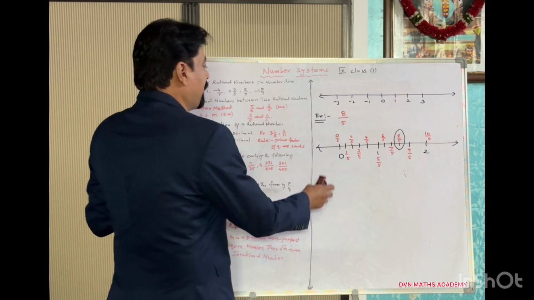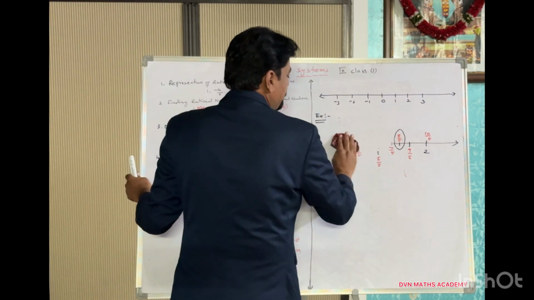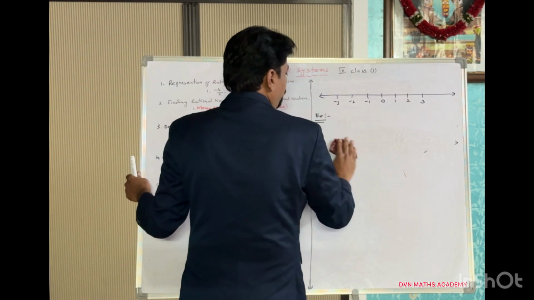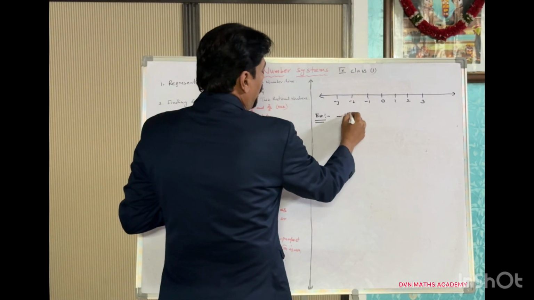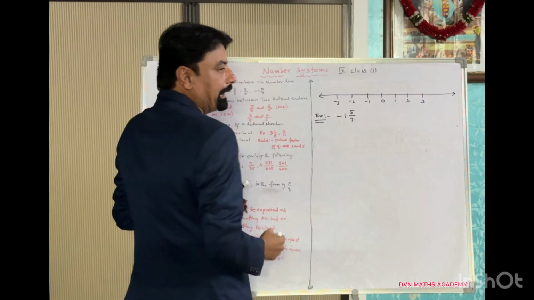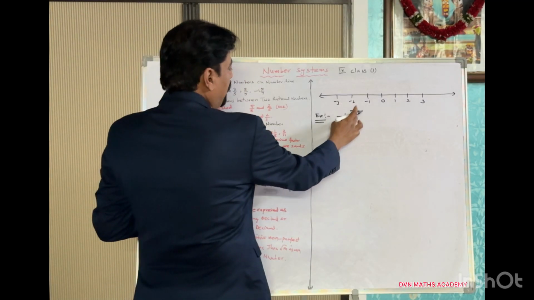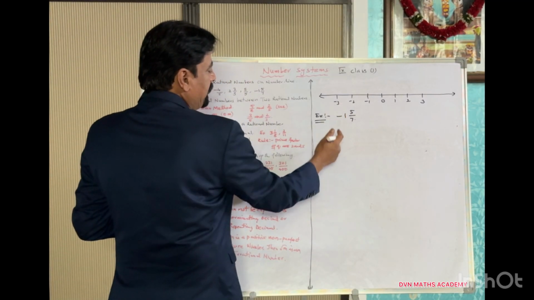So here I have taken another example, the representation of another number, that is minus 1 5 by 7. This is a negative number, and here 5 by 7 is the proper fraction, and 1 is there.